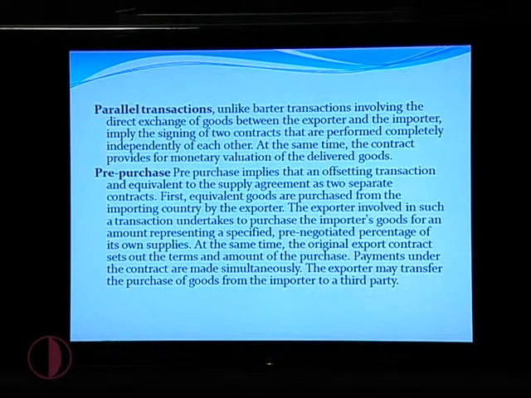At the same time, the original export contract sets out the terms and amount of the purchase. Payments under the contract are made simultaneously.